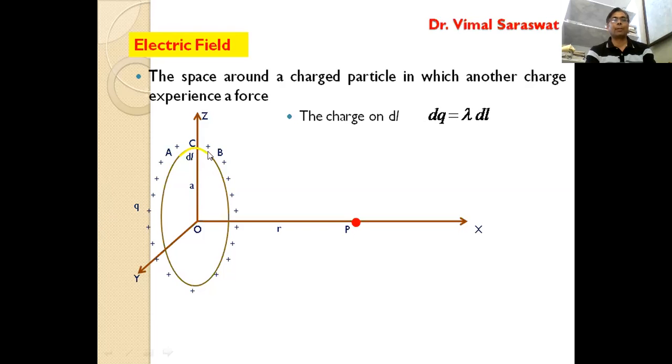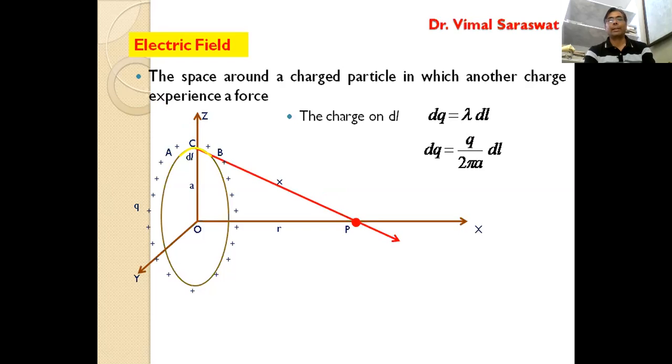Since here we have a circular loop, the length of the loop will be the circumference, which is 2 pi a. It means lambda is equal to q upon 2 pi a, and hence the charge on dl will be dq is equal to q upon 2 pi a into dl.